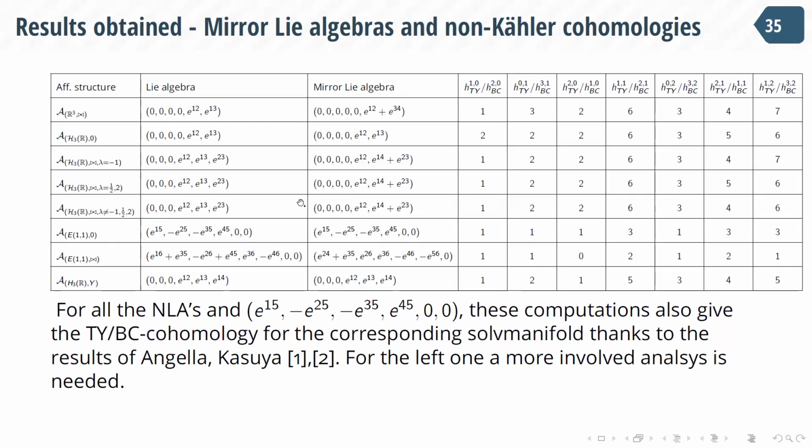But regarding this classification, this pairing, we can observe, for example, that the first symplectic Lie algebra, in the first column, is on the symplectic side, and the mirror is complex.